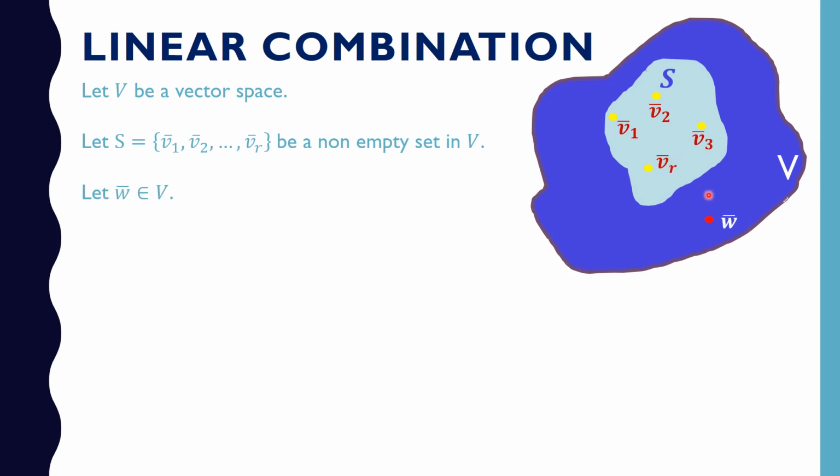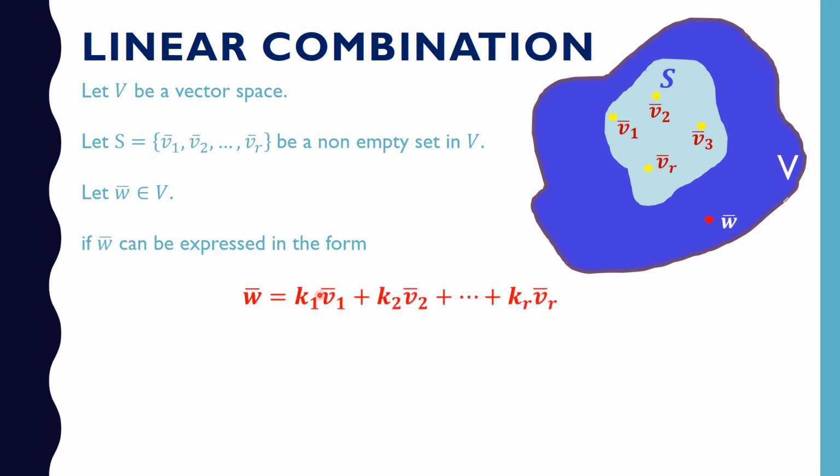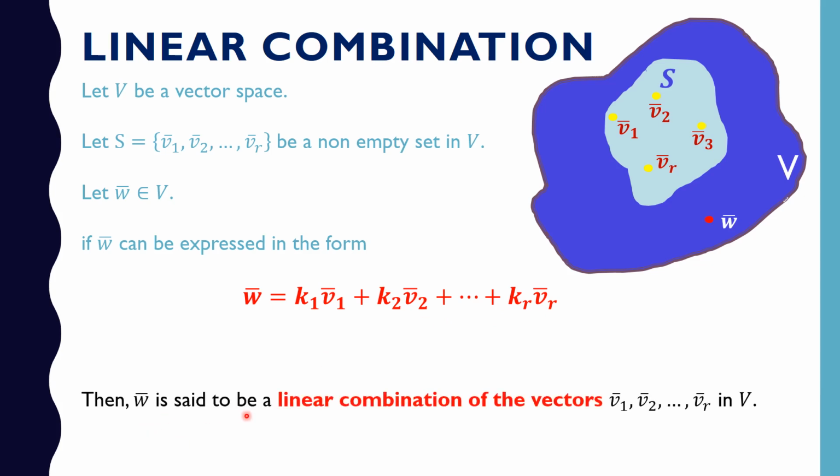Let W be another vector in V which is not a member of S. If the vector W can be expressed in the form K1 V1 plus K2 V2 plus etc. plus Kr Vr, then the vector W is said to be a linear combination of vectors V1, V2, etc., Vr in V.